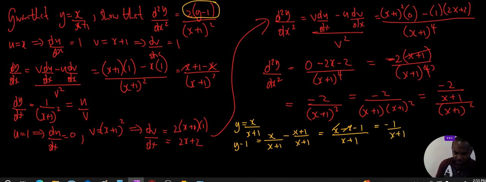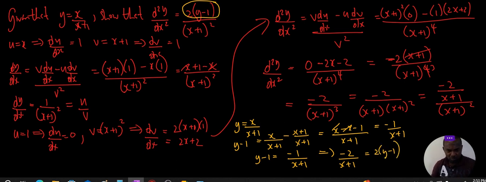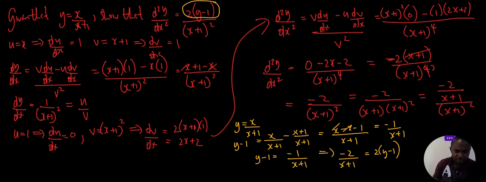And so therefore if y minus 1 is equal to minus 1 over x plus 1, then it simply means that minus 2 over x plus 1 is actually equal to 2 times y minus 1. So we have to go back to the right hand side of what we wanted to show, the numerator 2 times y minus 1, to show that this right here, minus 2 over x plus 1, is actually equivalent to 2 times y minus 1.